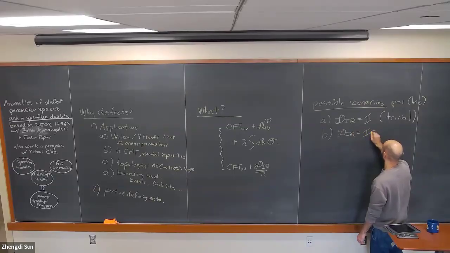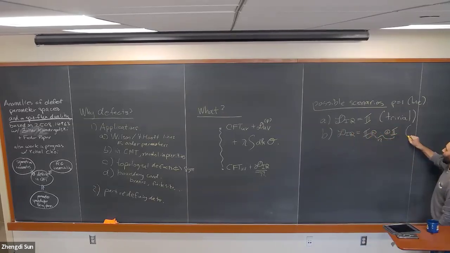Namely, you could have some number of superselection sectors, say n of them. Or, if you'd like, you can alternatively say that the defect has flowed to a decoupled topological quantum mechanics, some decoupled 0+1D theory that is just the theory of n ground states of identical energy. So sometimes I'll call this TQM_n, or decoupled.